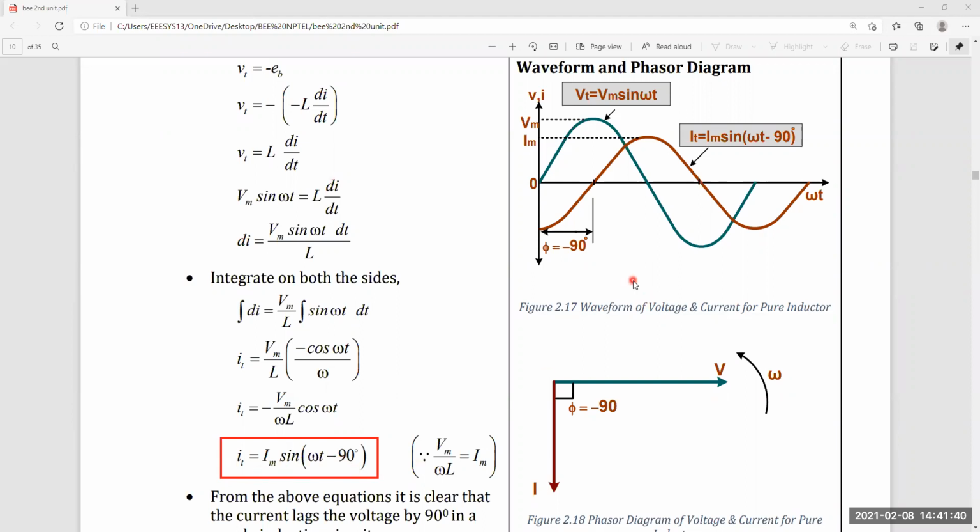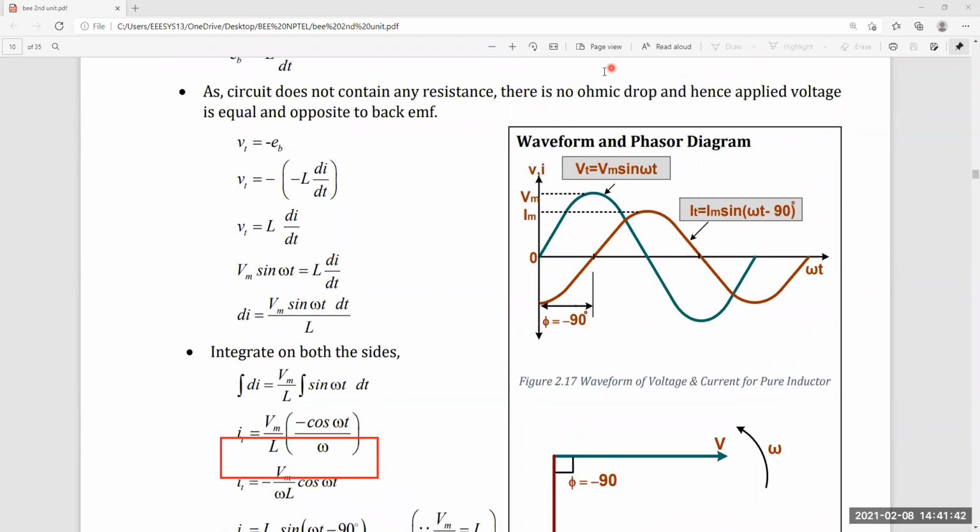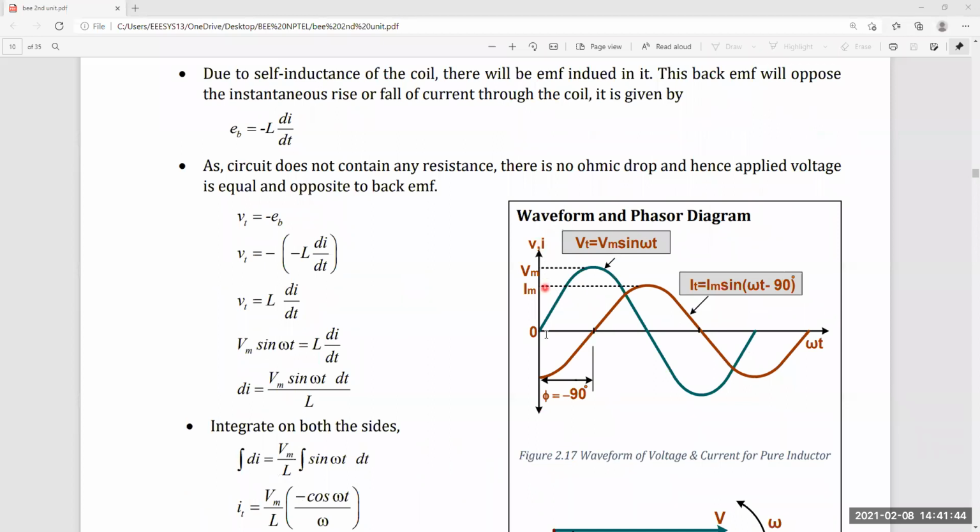Understand? So try to concentrate here. This is the voltage starting from 0. But the current lags the voltage by 90 degrees, so the current waveform will start after 90 degrees. It's a 90 degree delayed current waveform.